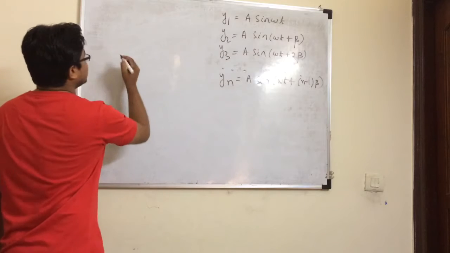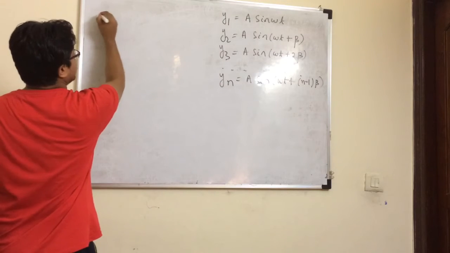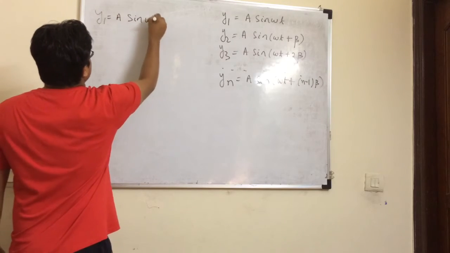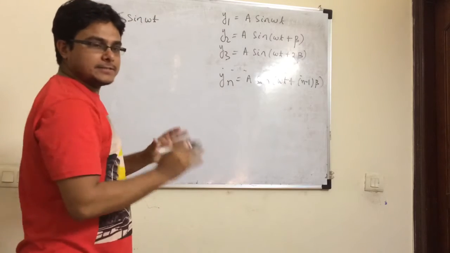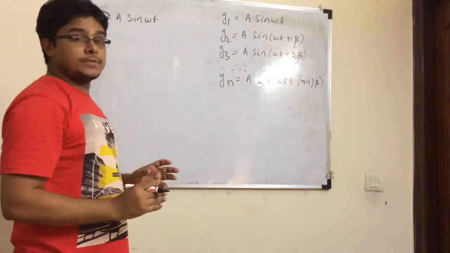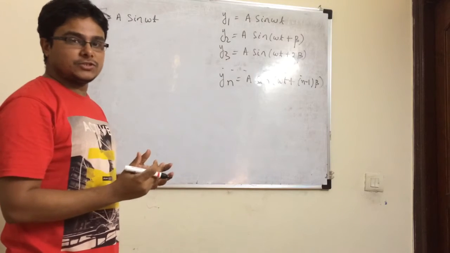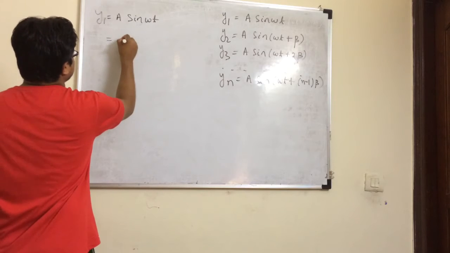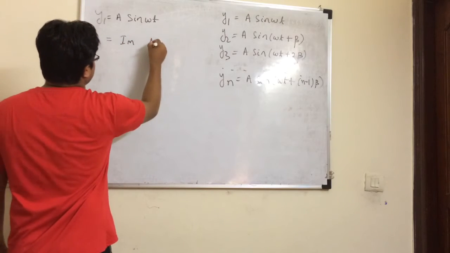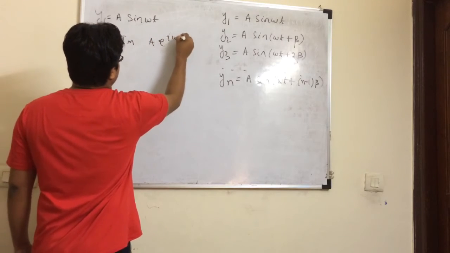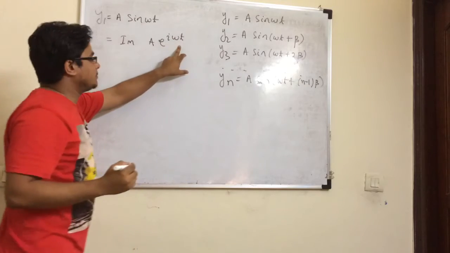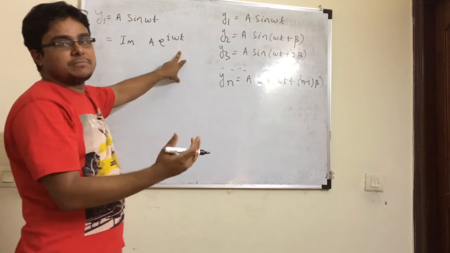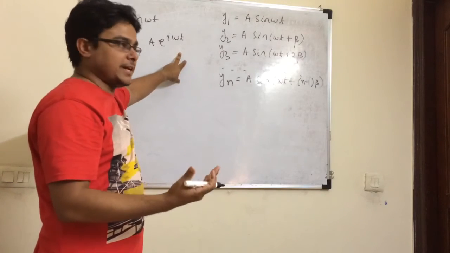So y1 is A sine omega t. To make it mathematically simpler, we can take the complex representation of the oscillatory function. So I can write this as the imaginary part of A e to the power i omega t, using e to the power i theta, which is cos theta plus i sin theta. If I consider the imaginary part, it can be written in the form of a sine.